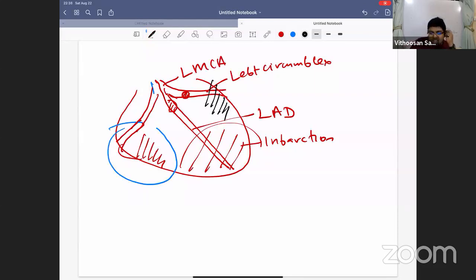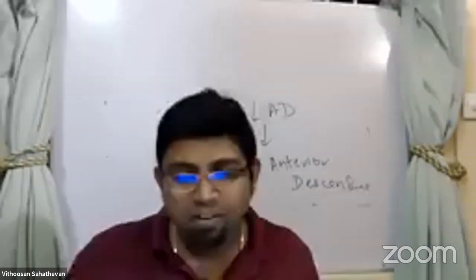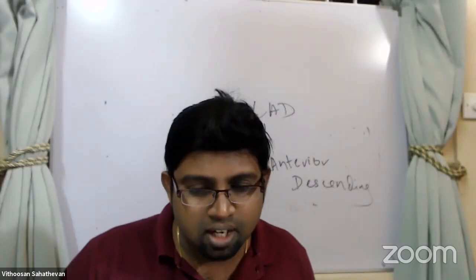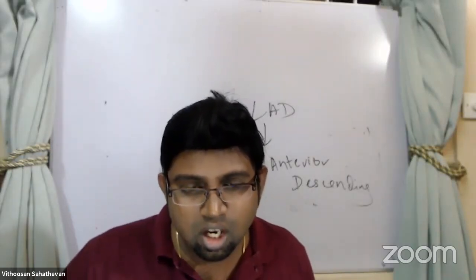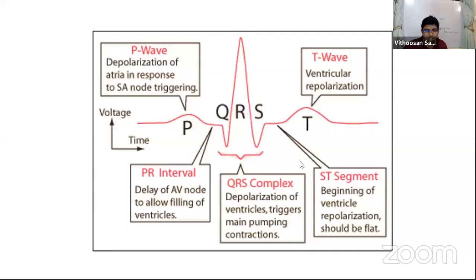What your ECG does is look at the heart from various angles, some from the front, some from the side, some from the bottom. By looking at the heart from various angles, the ECG is able to point out where the problem is.